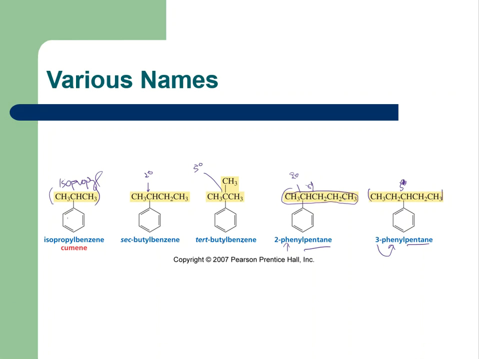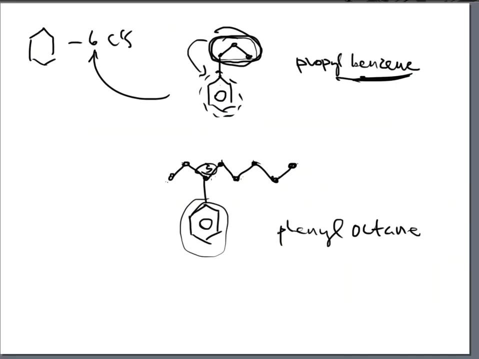The other thing that I want to tell you about is this shorthand notation that we always use in the benzene world. So for instance, notice all the way up to this point, we always used R to represent a random alkyl group. That's just the way that we represent it. We use R as a placeholder in a way to represent any random carbon chain that might want to be there.